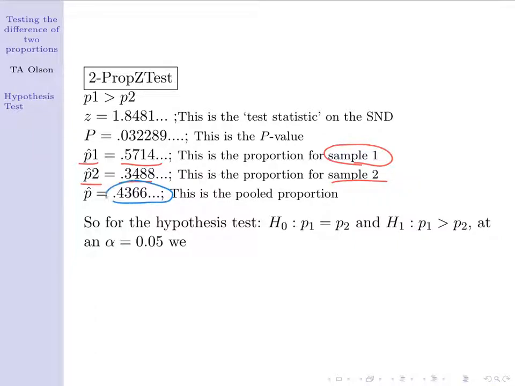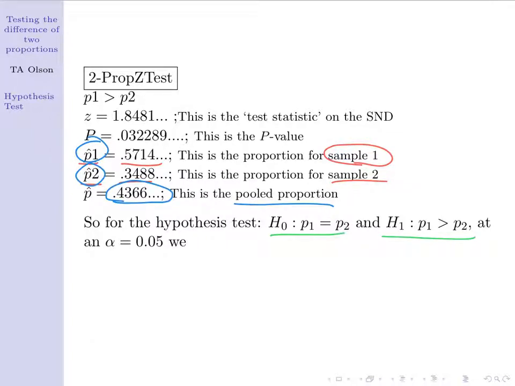The P hat is what's called a pooled proportion. If I take my data for P1 and P2, the overall average that they play a musical instrument is 43.66%.